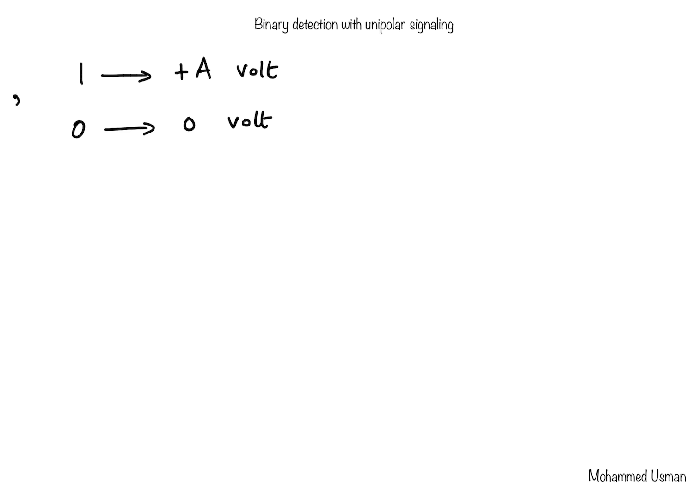So this is our transmitted signal x, that is equal to 1 or 0, and when it's 1 it is plus A volt, and when it is 0 it is 0 volts.